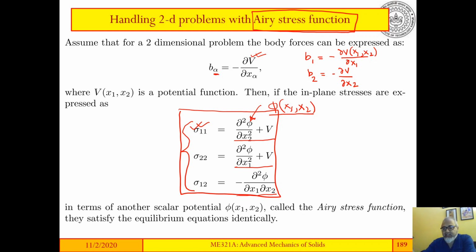So these are guaranteed to satisfy the equilibrium equations. This is the great thing about the Airy stress function, that if you can find the Airy stress function and write the stresses in terms of it in the manner shown, then they are going to satisfy the equilibrium equation identically.